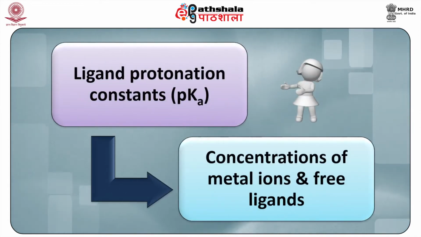On the other hand, keeping pH constant and changing the ionic strength can also be monitored. Likewise, numerous such parameters have to be considered before titration of the metal complex. The background information that needs to be obtained are the ligand protonation constants pKa along with the concentration of the metal ions and the free ligands.